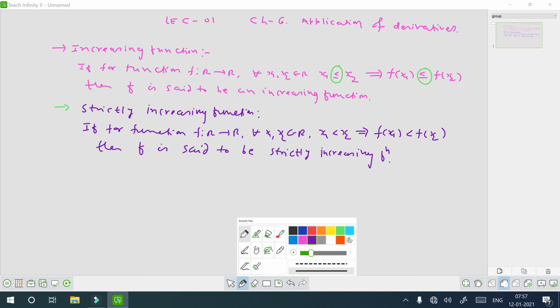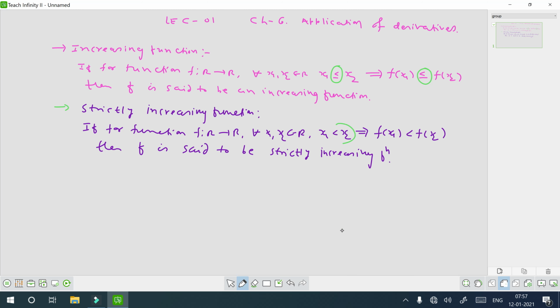Now you can see here only strictly, x1 less than x2, at that time f x1 less than f x2. That is the strictly increasing function.